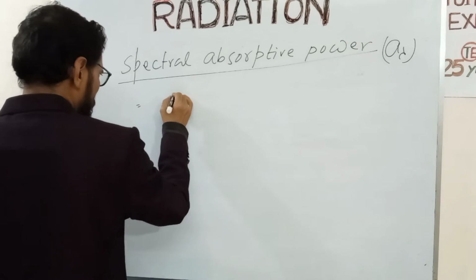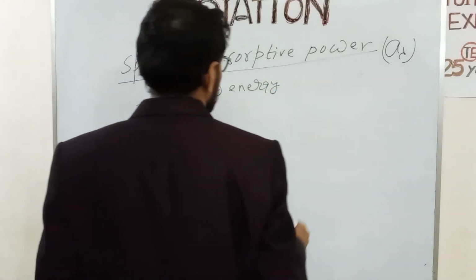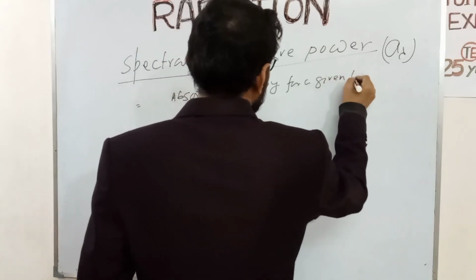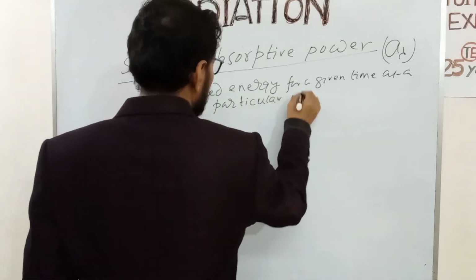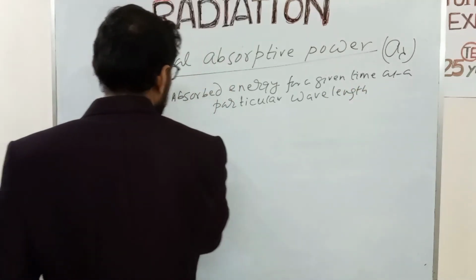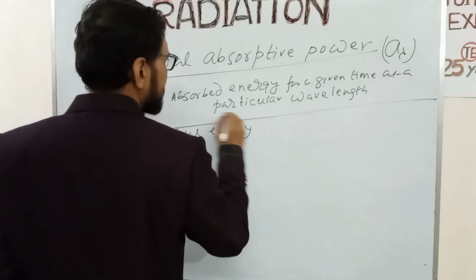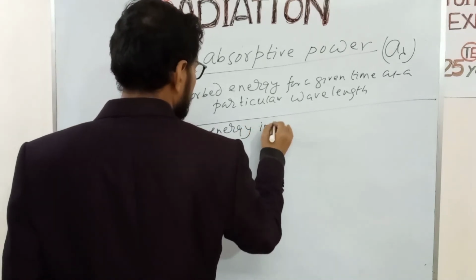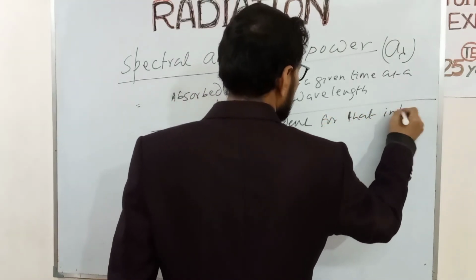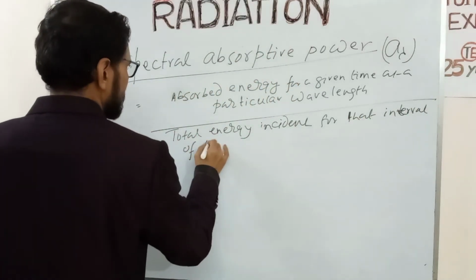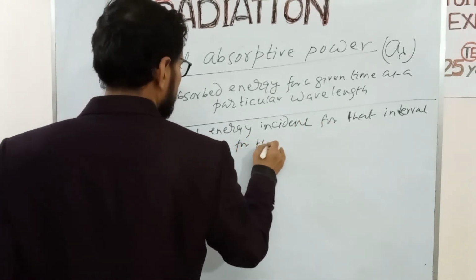This is defined as the absorbed energy for a given time at a particular wavelength, here the wavelength is fixed, to the total energy incident for that interval of time, for that particular wavelength.